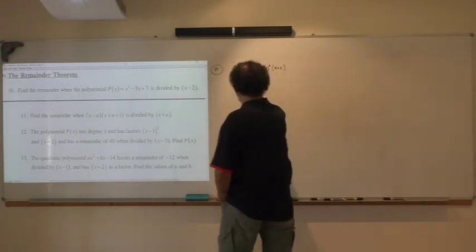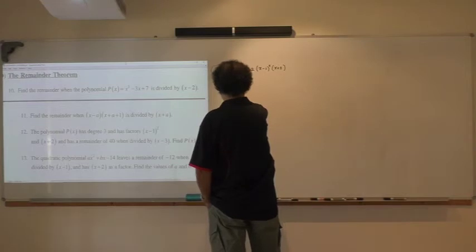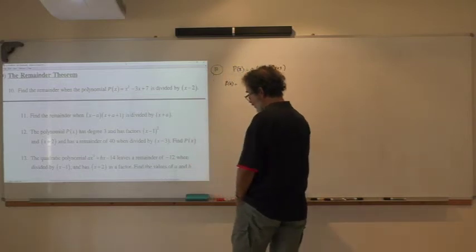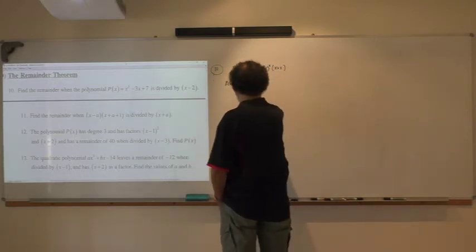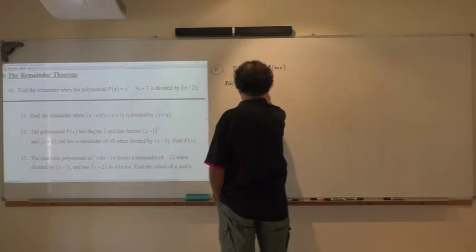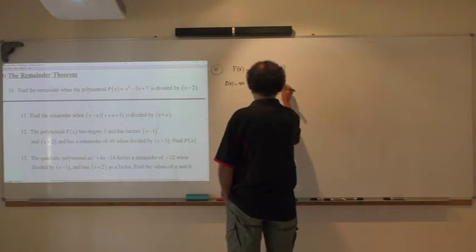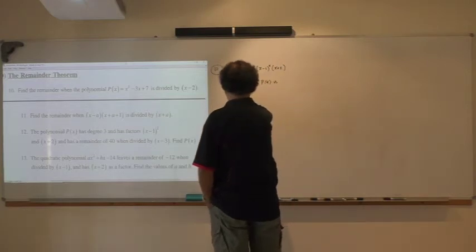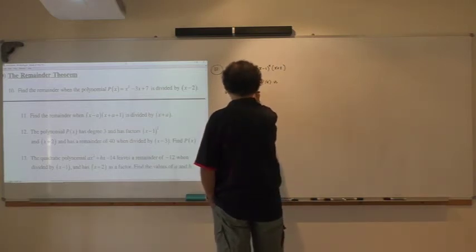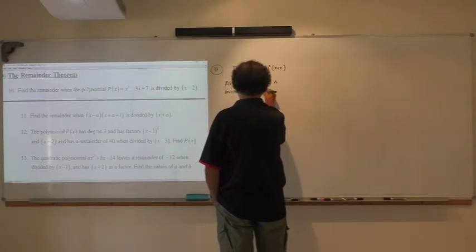So that means the remainder is 40 when p of x is divided by x minus 3.